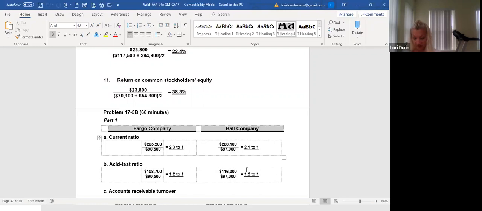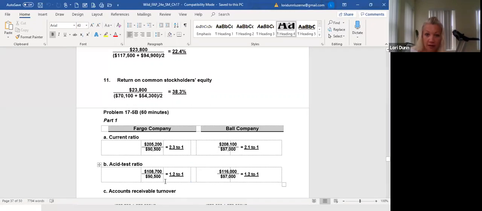So we're just focused on here cash and accounts receivables. Now, if either company had short-term investments on their balance sheet, they would be added in as well. But since they only have cash and accounts receivables, those are the two liquid assets that are in the numerator. Divide that by the current liabilities of 90,500.